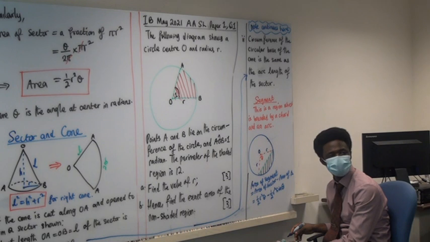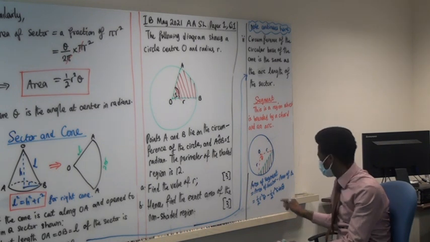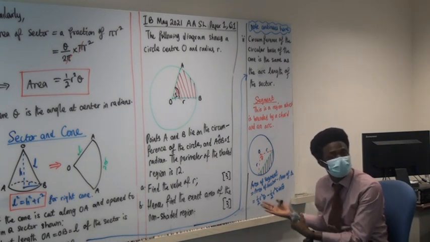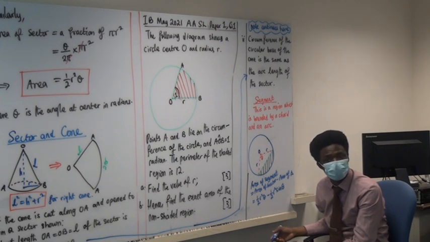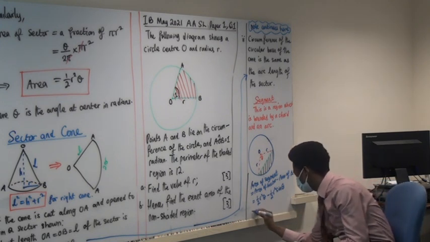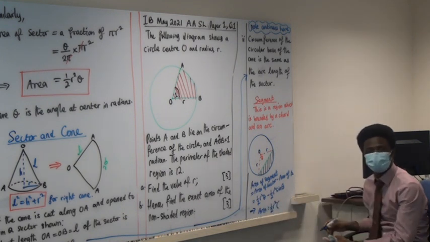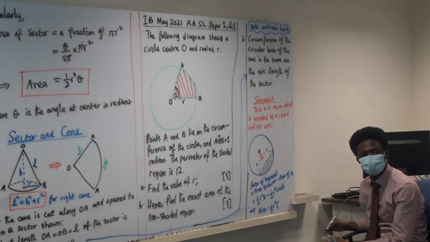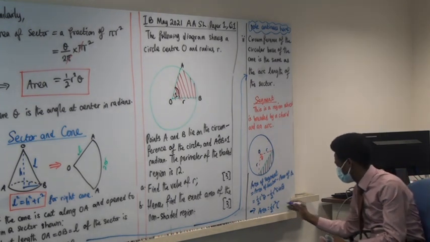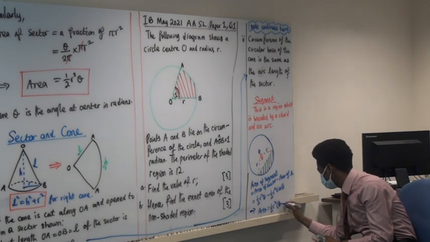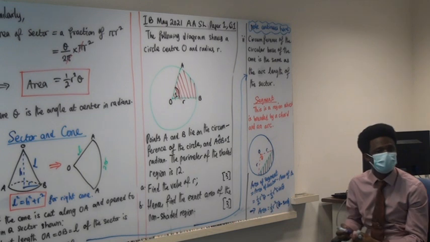Does that make sense? From half ab sine theta, a and b are r and r in this case. So we can now say that our area is just half r squared. In the bracket, what do we have? Theta minus sine theta, and that will be the area of segment in radian measure.